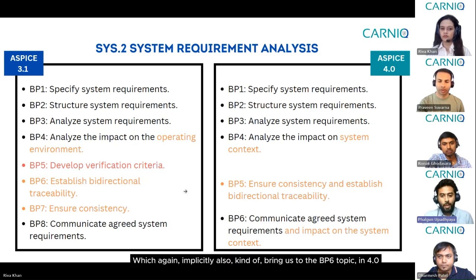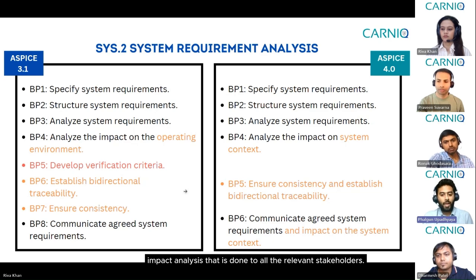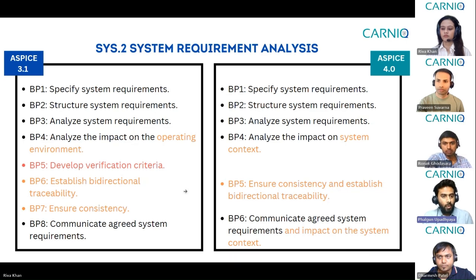Which again implicitly brings us to the BP6 topic in 4.0, which is communicate agreed system requirements and impact on the system context. The BP6 just says to communicate the results of the impact analysis that is done to all the relevant stakeholders. Maybe some note would have been helpful over there as well.